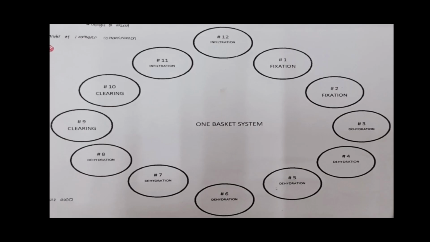This is all the work of the Autotechnicon, properly timed using the electrical clock and with the help of its transfer arm. After the last basket for dehydration, let's proceed to clearing.